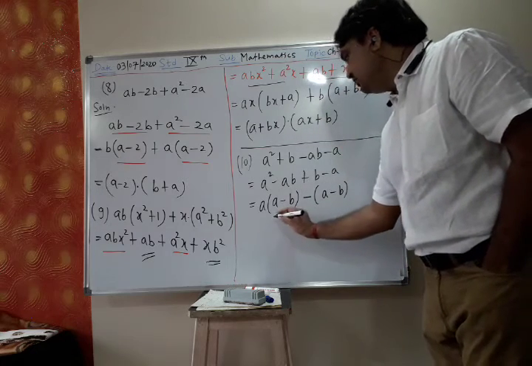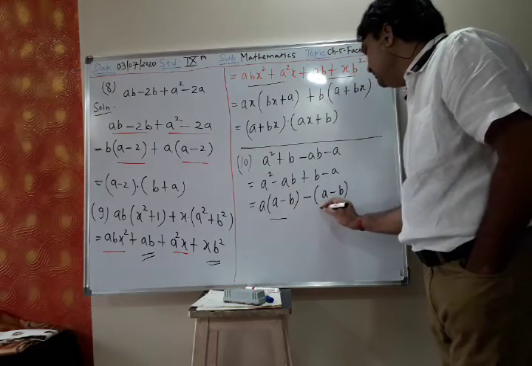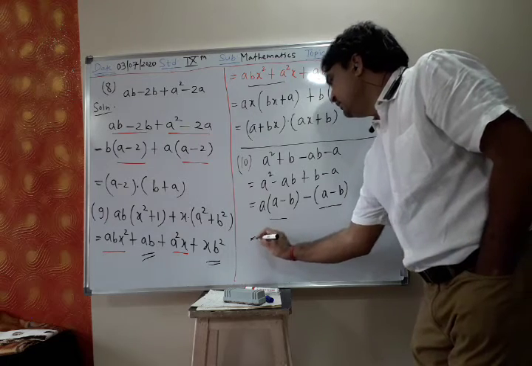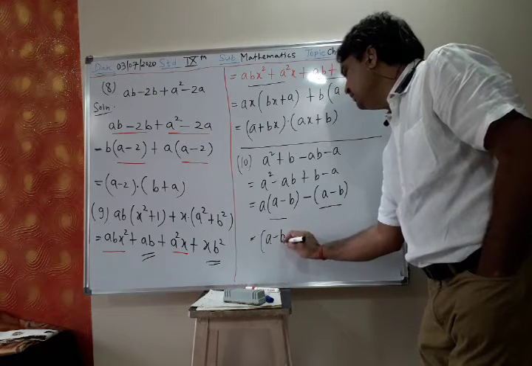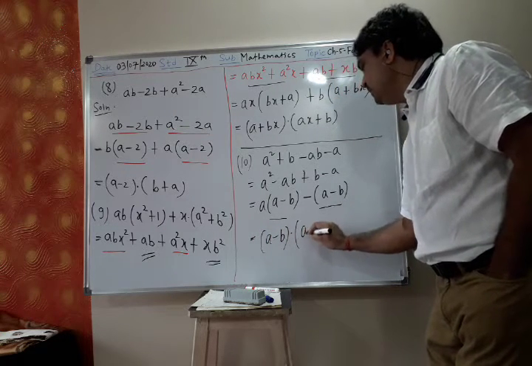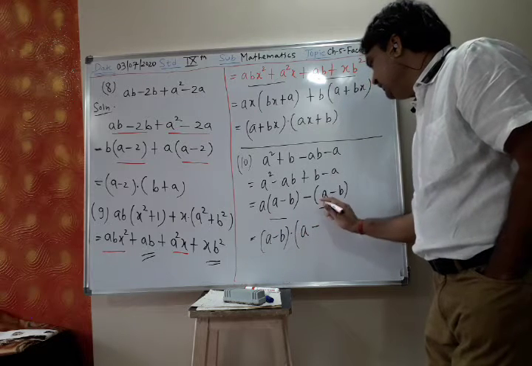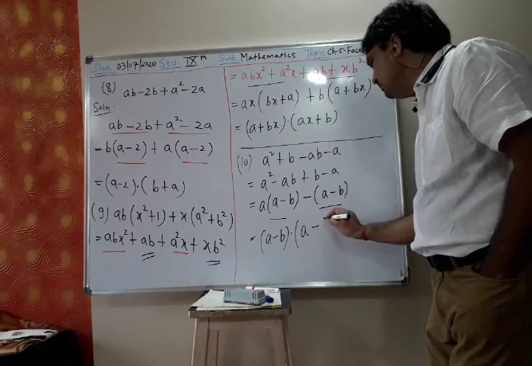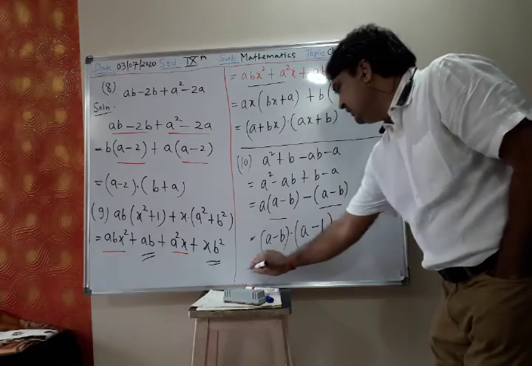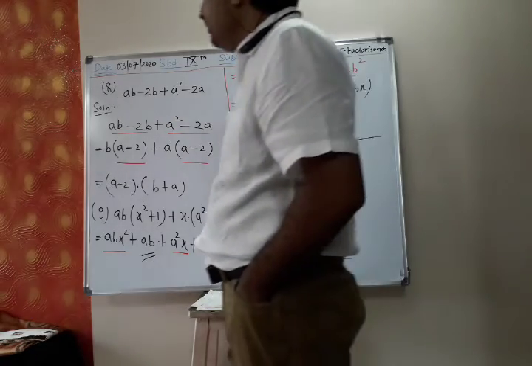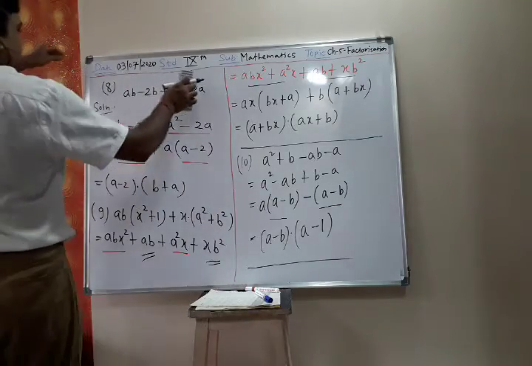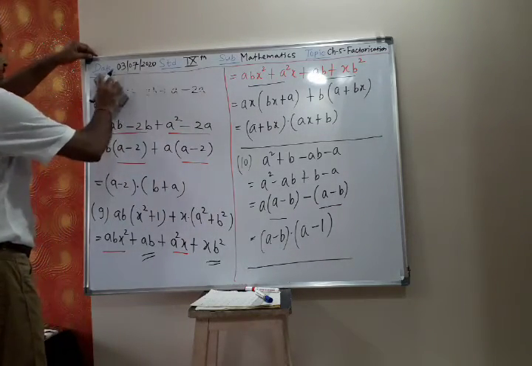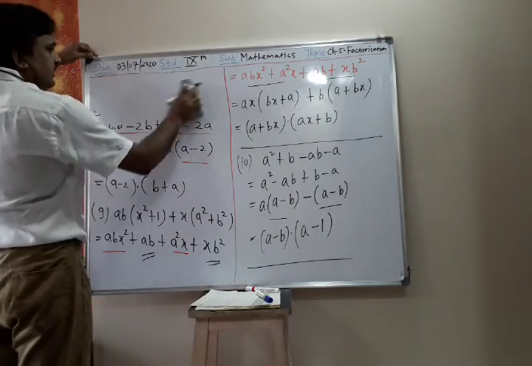Now A minus B is common, so what is left? A, minus, there minus means minus 1, so minus 1 is left. And this is the answer, A minus B into A minus 1. 1 minus A, you can write minus of A minus 1.